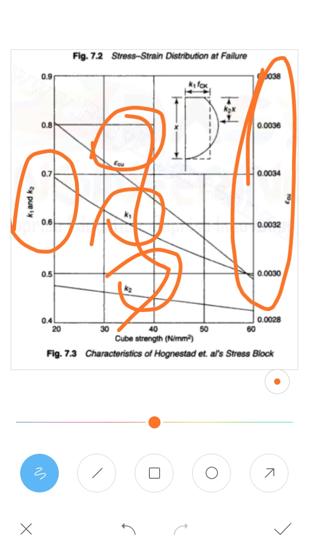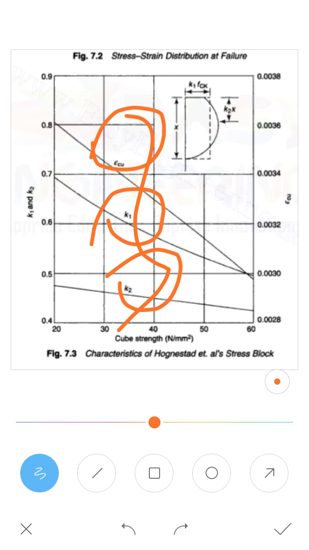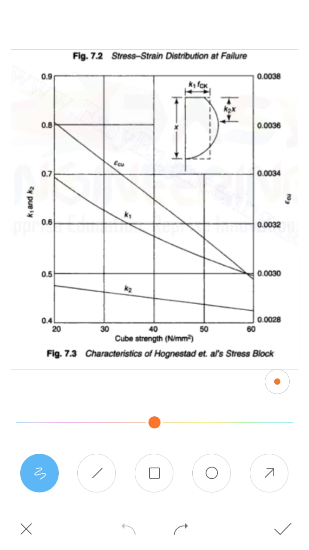So this graph is plotted with respect to these three characteristics: epsilon cu, K1 and K2.